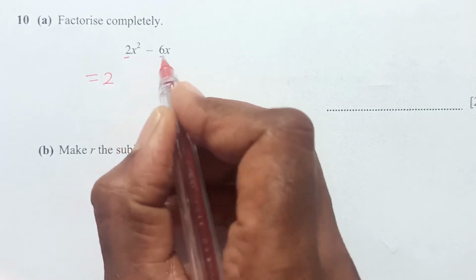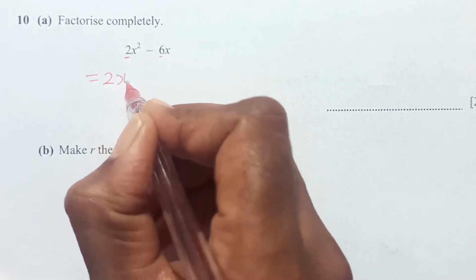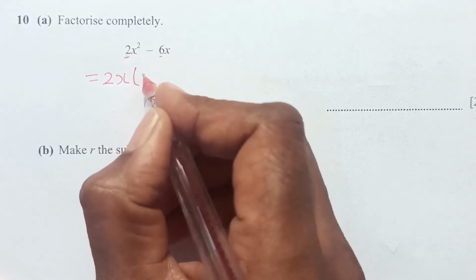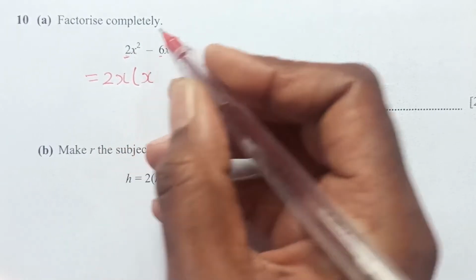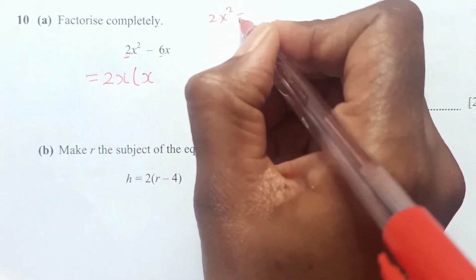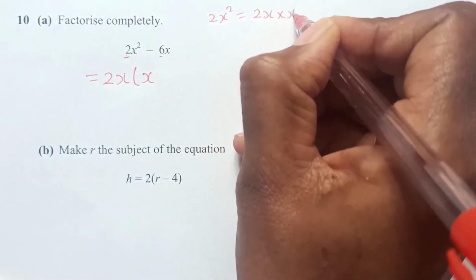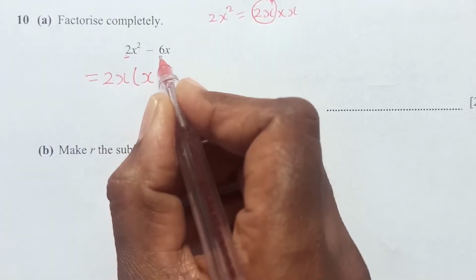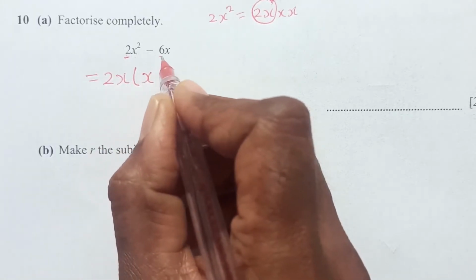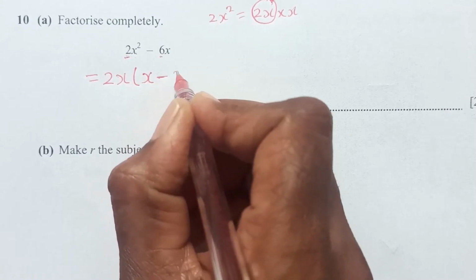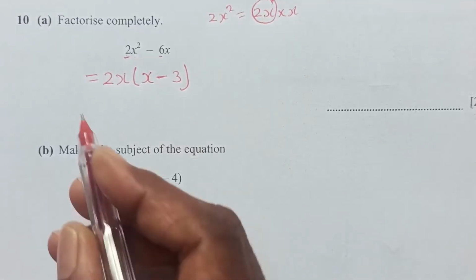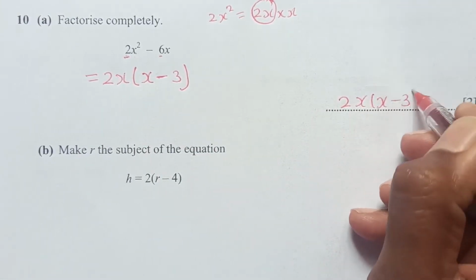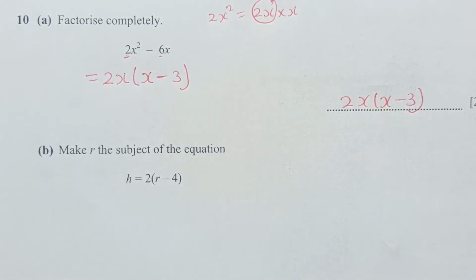The variable is x only here, so we can take x common. 2x squared can be written as 2x times x. So 2x is gone, so inside we are left with x. Now for 6, 2 is out, so divide 6 by 2, that is 3. So that is the final answer, 2x into x minus 3, right?